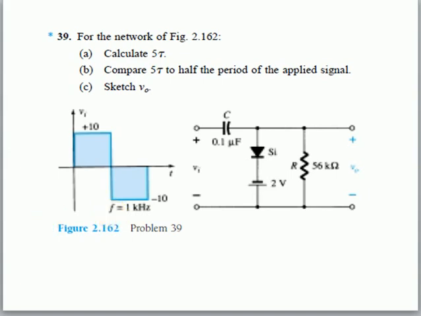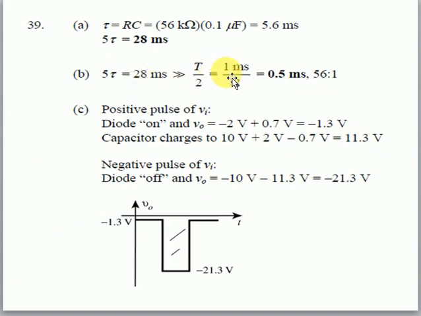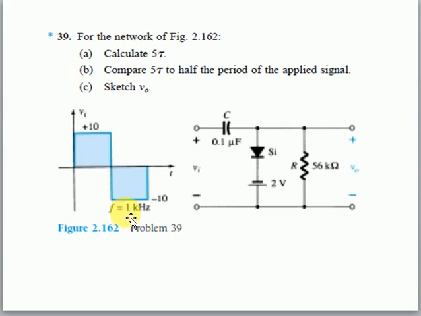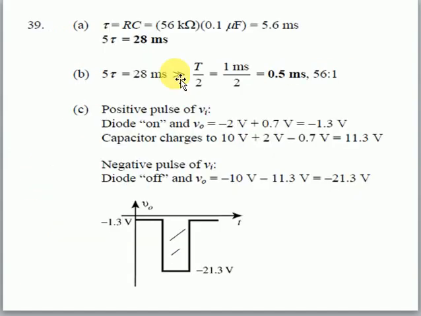So here T is equal to 1 millisecond, as the frequency is 1 kilohertz, and we need half of the period of the applied signal, that is T by 2. So 1 millisecond divided by 2 is equal to 0.5 millisecond. So that will be the value of it.